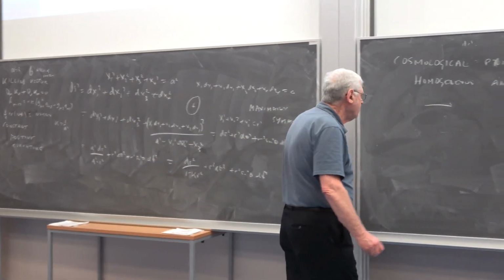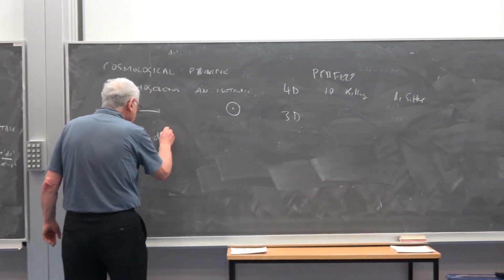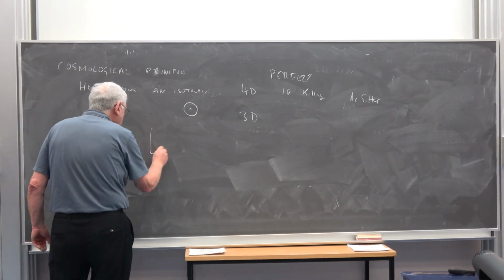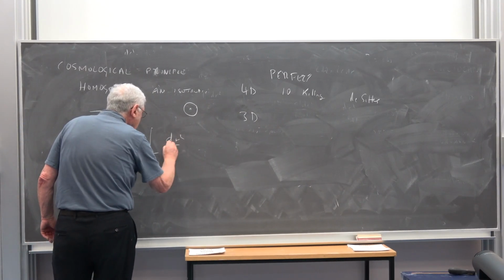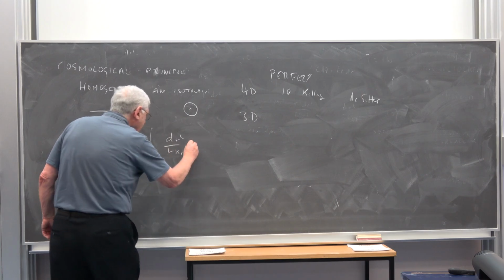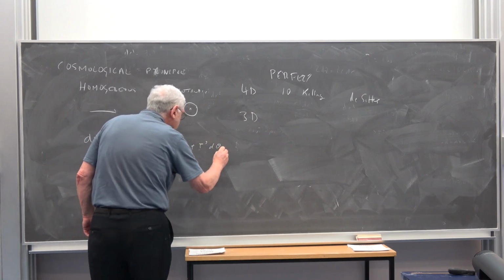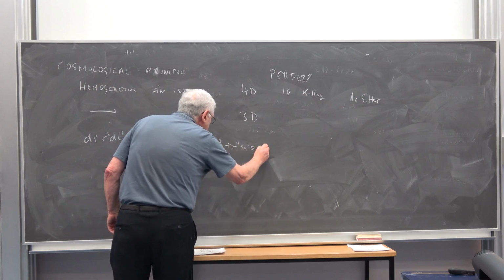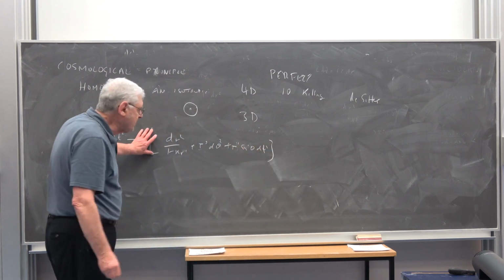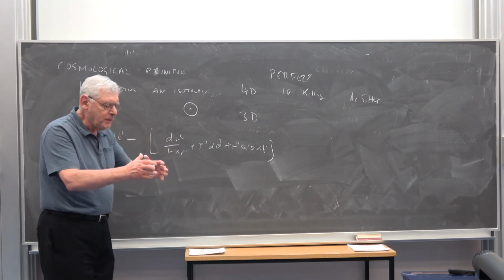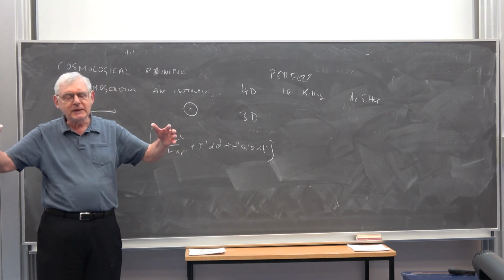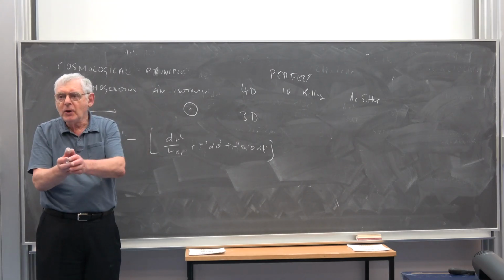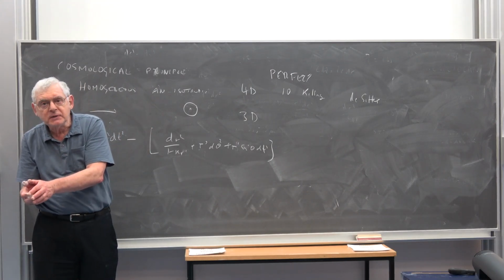That means that the metric is c squared dt squared, minus, now you would put here, dr squared over 1 minus k r squared, plus r squared d theta squared, plus r squared sine squared theta d phi squared. That's the spatial piece. But if the spatial piece expands uniformly in time, the relative locations of all of the objects in space don't change.